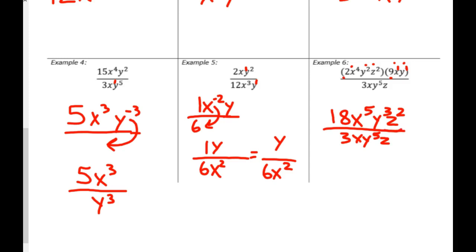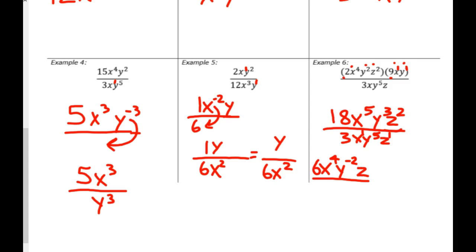Now we divide. Now we simplify. So 18 divided by 3 is 6. Okay, 5 minus 1 for my x's. 5 minus 1 is x to the 4th. Now for y, it's 3 minus 5. 3 minus 5 is negative 2. And then z is 2 minus 1, which is just z to the 1, or just z.